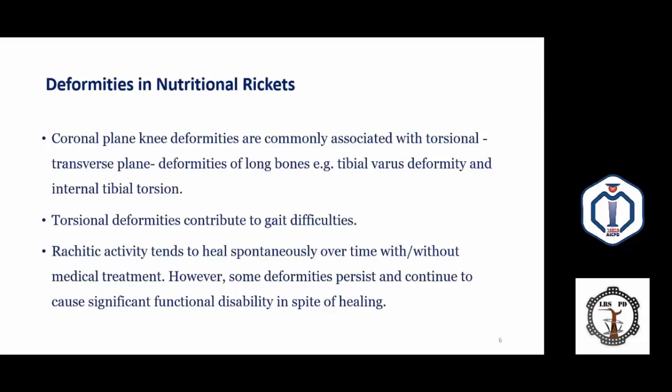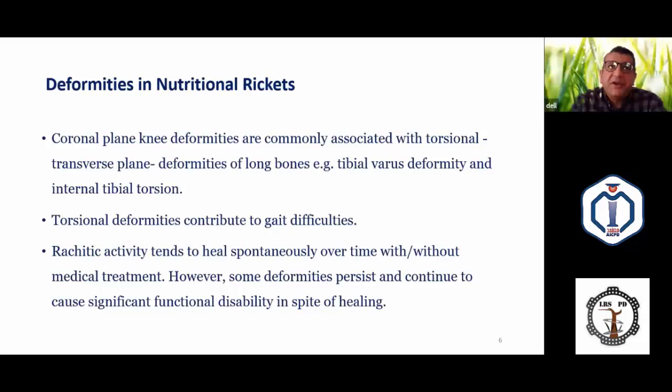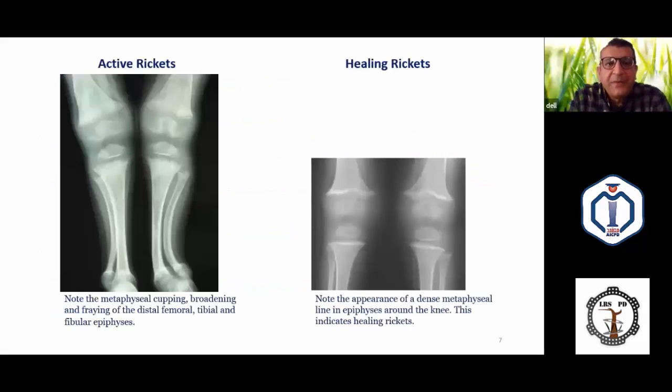Yet, if rachitic activity heals, the deformity may still persist. But what is the fate of the deformity? Some deformities persist despite healing of the rachitic activity, and they continue to cause functional disability.